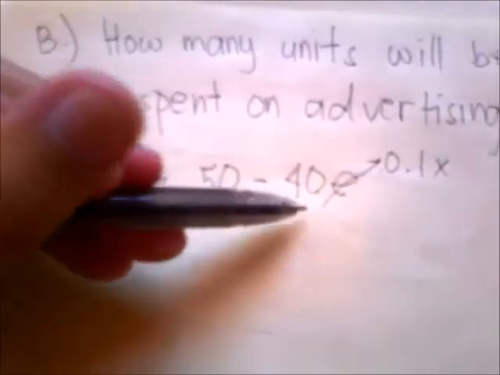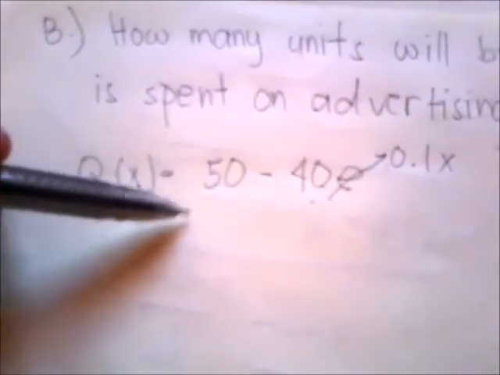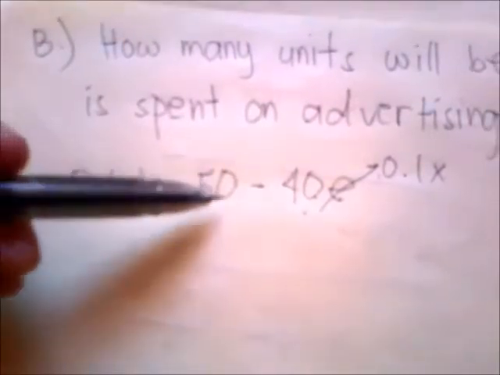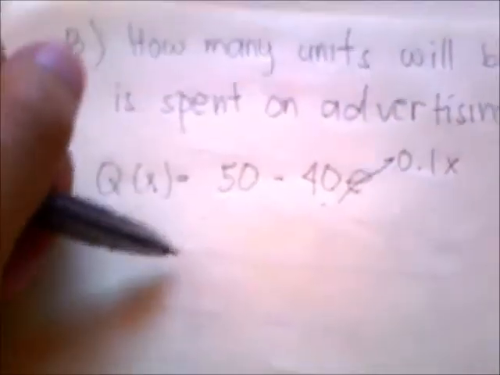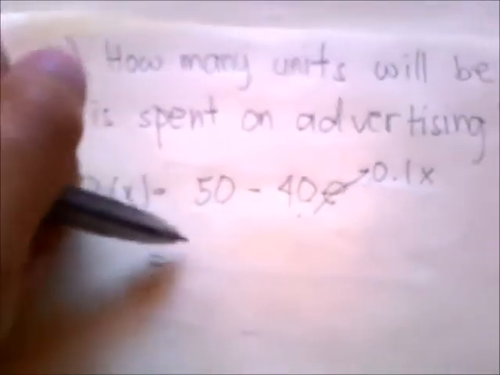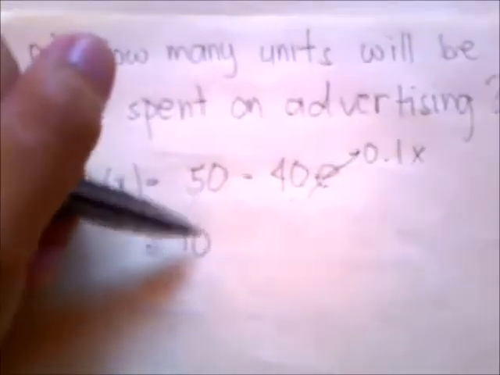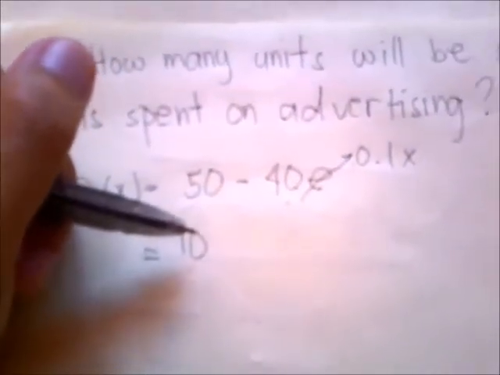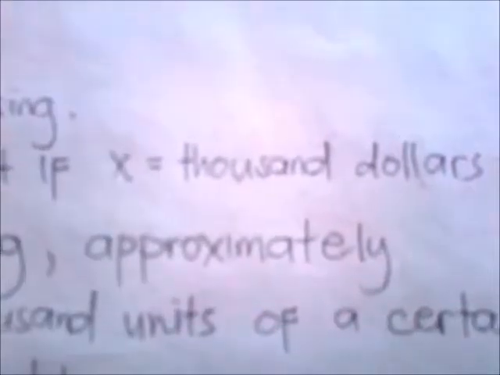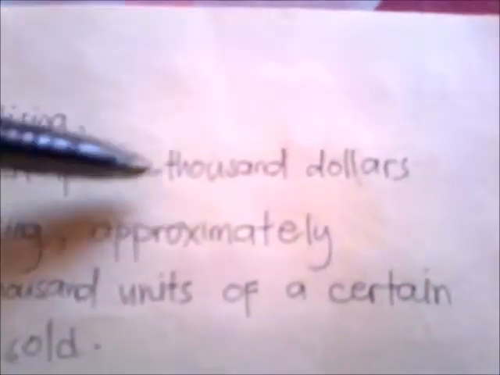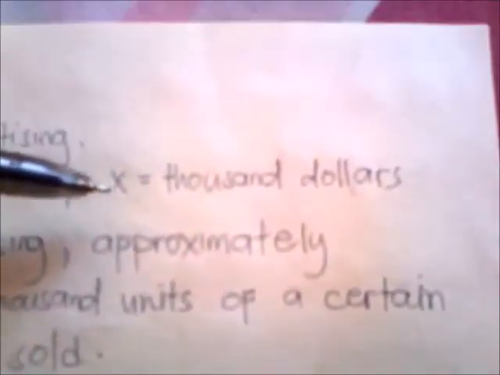The only equation here is Q of x equals 50 minus 40. 50 minus 40 is equal to 10. But in the question, it said that x is equal to $1,000.